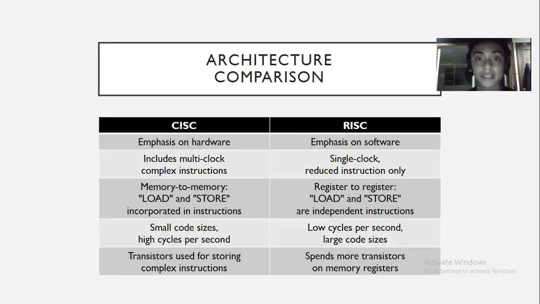Let's differentiate with an architecture comparison, CISC versus RISC. These are some of their major differences. So CISC, complex instruction set computing, versus RISC, reduced instruction set computing. CISC more or less emphasizes hardware, while RISC emphasizes software.